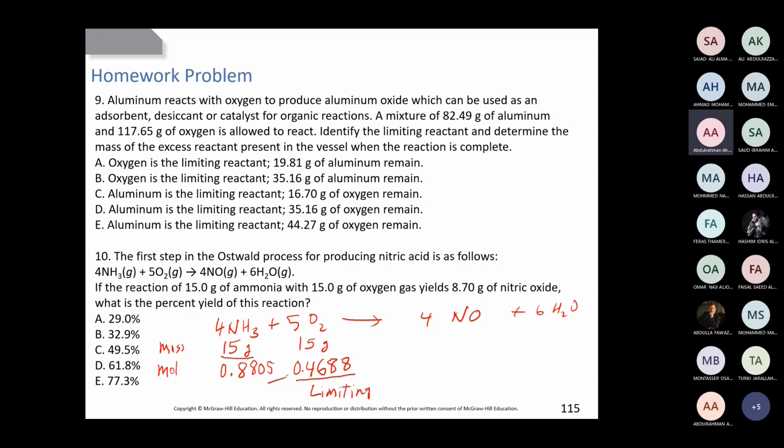How many moles do I need from NH3, ammonia? What should you do to calculate how many moles? You should divide 0.4688 by what? By 5 and multiply by 4.